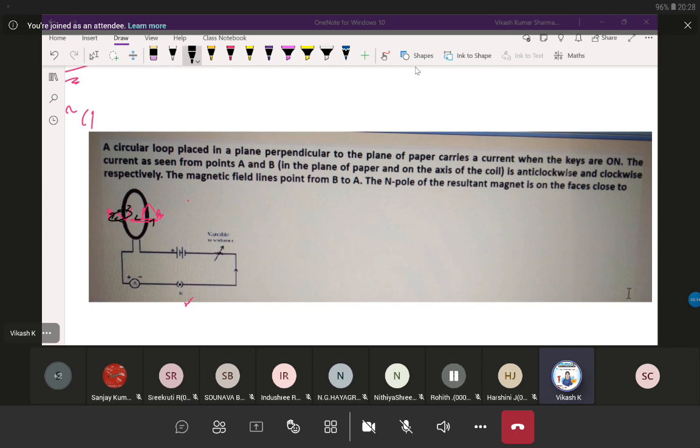This is one thing. The north pole of the resultant magnet on the face is close to where? Here it is asking, this is the closest point. What will be the north pole? The magnetic field lines come from the north pole to the south pole, so we need to understand the direction of the magnetic field lines.